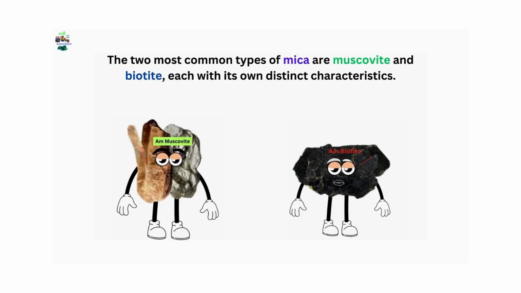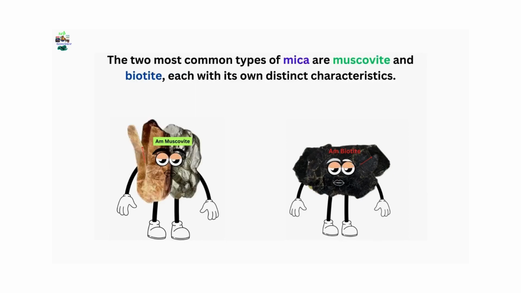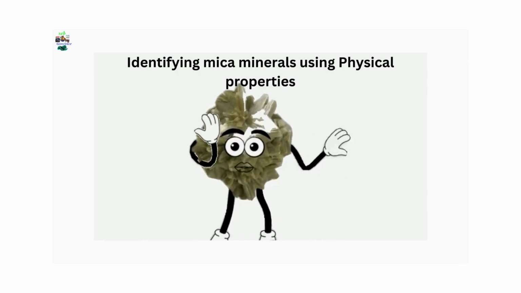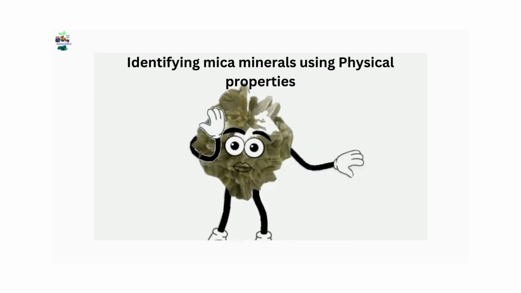Okay, we have seen the most common minerals of the micas are biotite and muscovite. We will now see these two minerals, their physical and optical properties. The first and most important properties of mineral identification are physical properties.